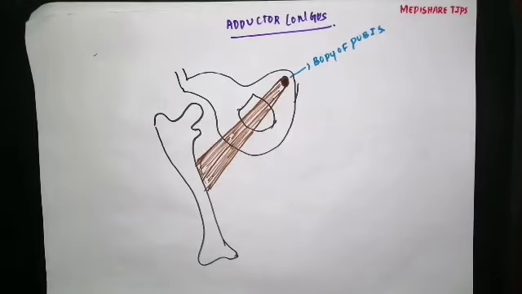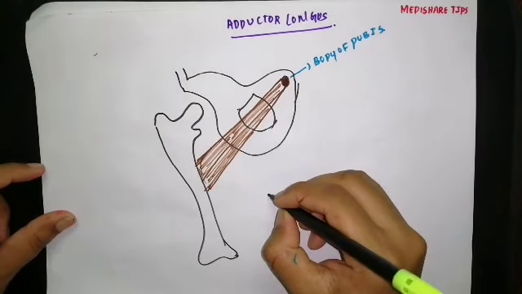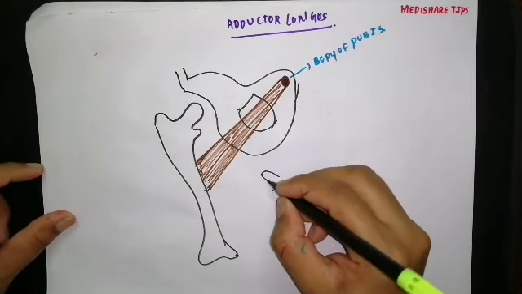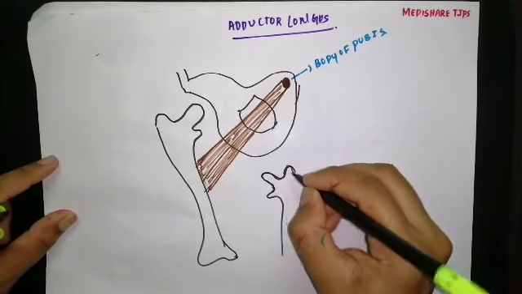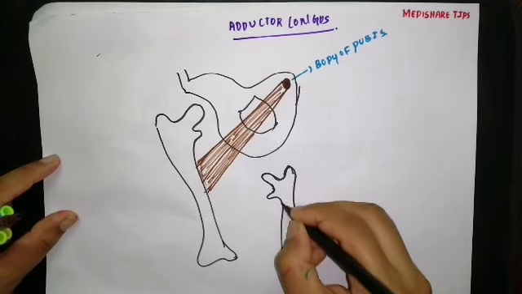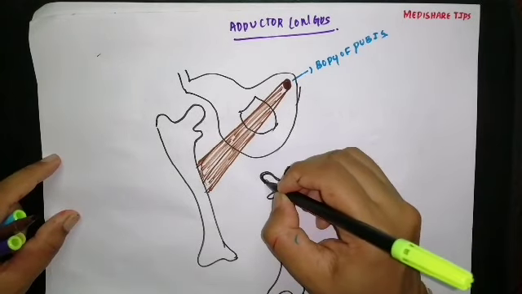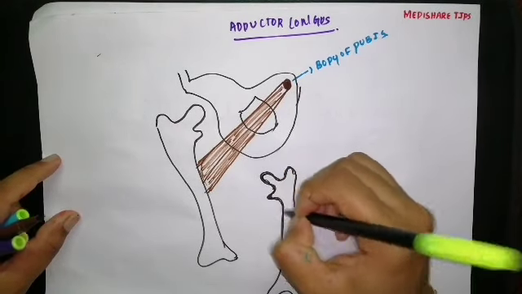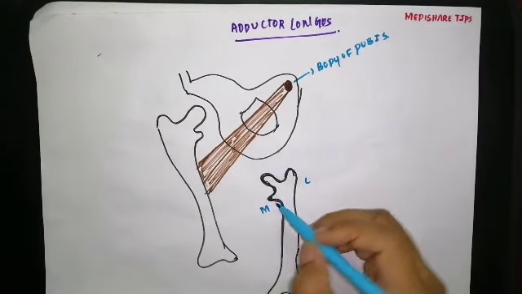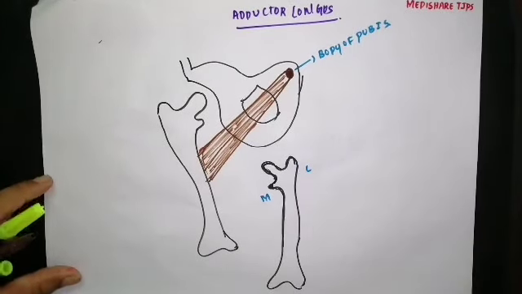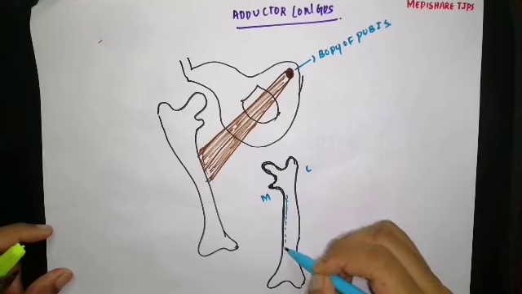Now it gets inserted where we should see the posterior aspect of the femur to see the insertion of the muscle. This is the medial aspect, this is the lateral aspect. What you see here is the lesser trochanter, this is the greater trochanter, and there is a line here, that is the linea aspera when seen from the posterior aspect.